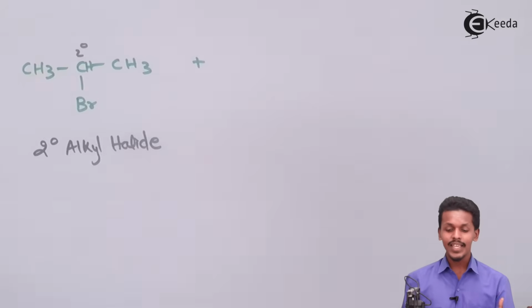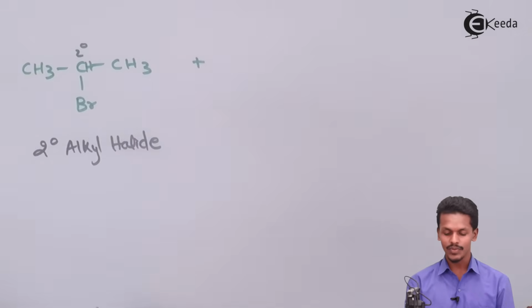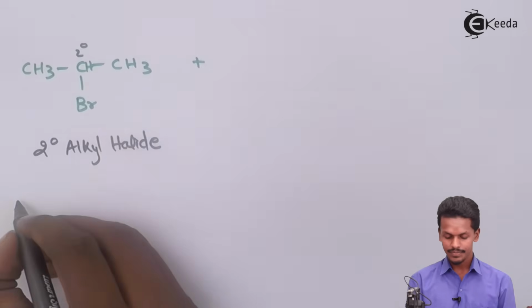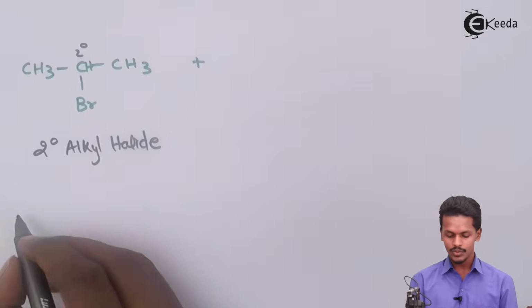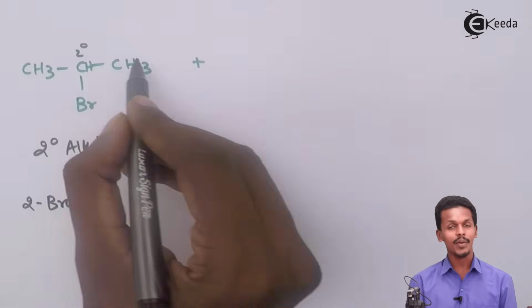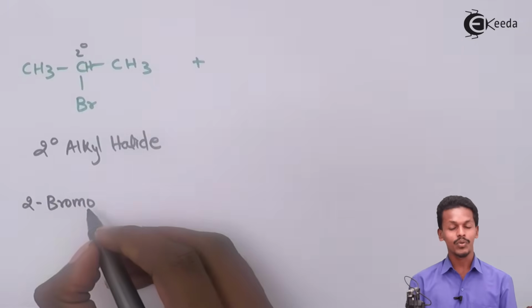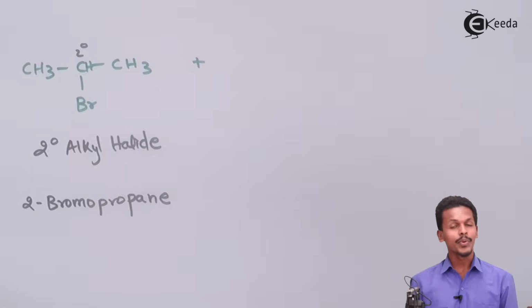While specifying the name of this molecule, the IUPAC name would be basically, we name the position of the bromine first. So the name of this would be 2-bromo, and the total number of carbons in this case is 3. So we could name it 2-bromopropane.